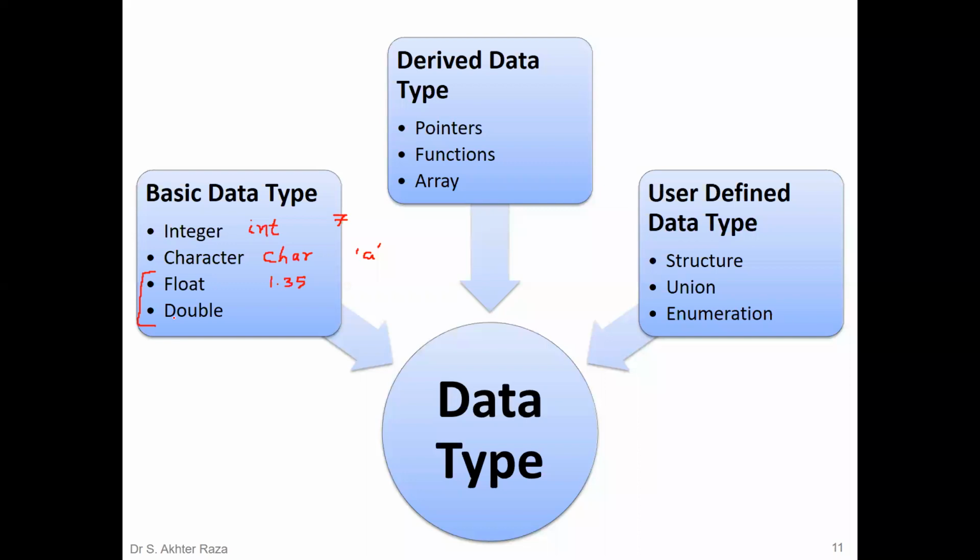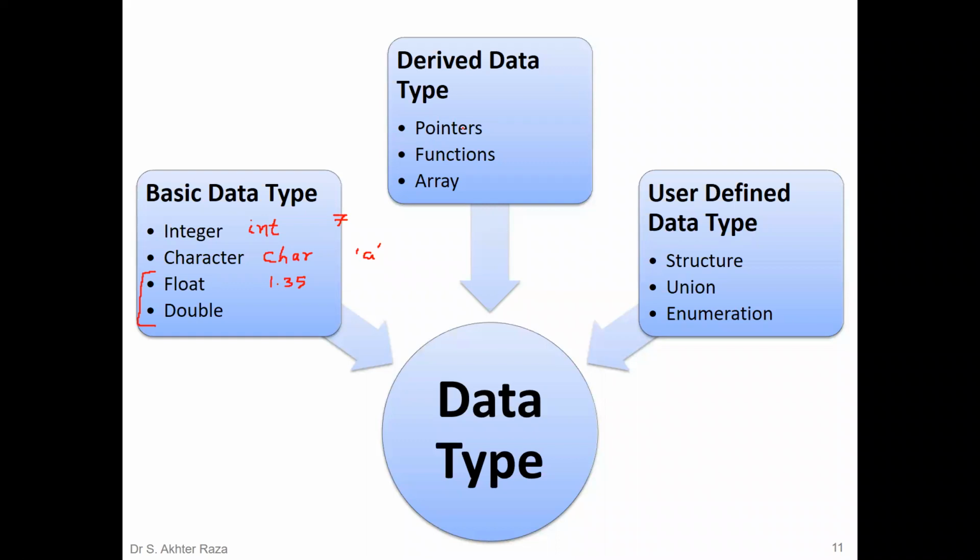I will describe them later on, but right now you can understand that small continuous data can be stored in the float, and very large data, which may be whole numbers as well as fractions, can be stored in the double. But characters are single characters, and integers are whole numbers that have a specified range.